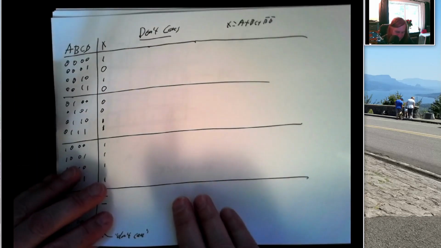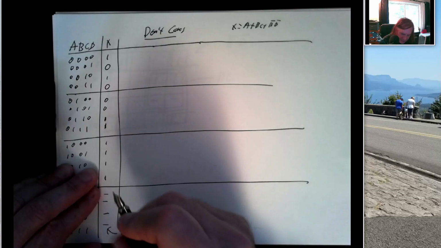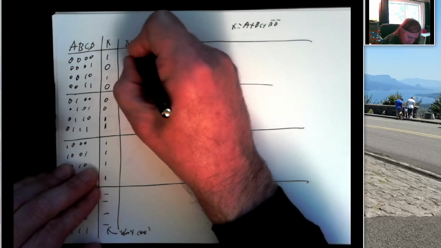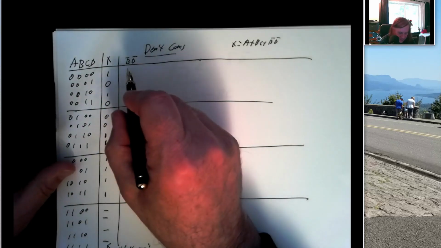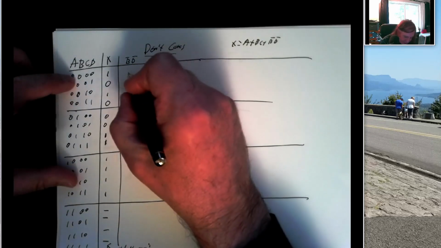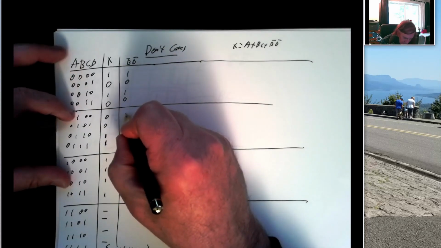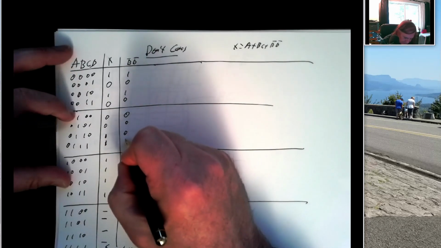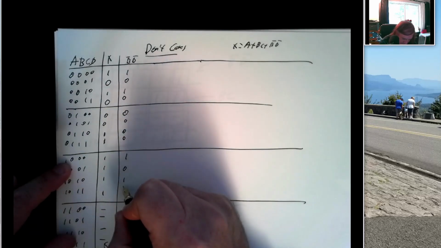All right, we can double check and make sure that this is actually correct. Let's make a column first of all for B bar D bar. B bar D bar is 1 exactly when B is 0 and D is 0. So all of these, B is a 1. B is 0, D is 0, every other row here.